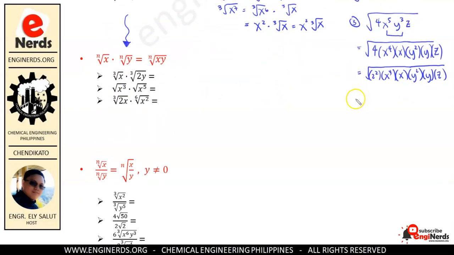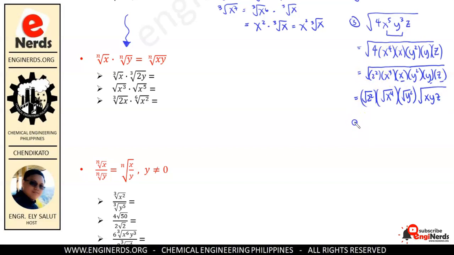So we'll have here the square root of 2 squared, okay, times the square root of x to the 4th times the square root of y squared, then all will be multiplied to the square root of x, y, and z. Ito, because they are not divisible by our index.